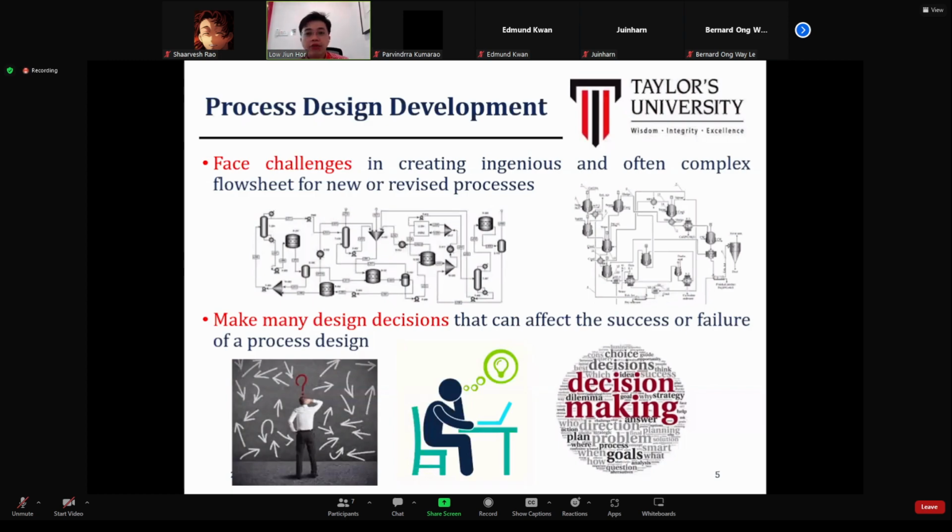So as I told you just now, either you come up with a totally new design or you modify the existing design. No matter which method you apply, I'm sure you will encounter a lot of different challenges. And in order to overcome these challenges, you need to make decisions.